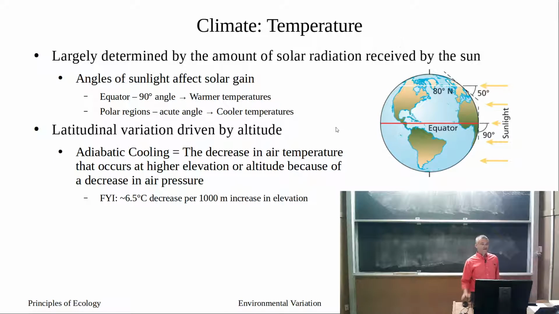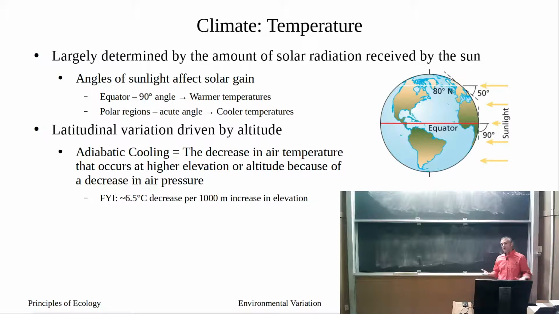Altitude reflects some of this pattern of latitudinal variation. In general, if we increase our latitude, we decrease the temperature. The same pattern arises with altitude: if we increase our altitude, we decrease our temperature. Why? It's a different process. As we go up a mountain, we get more solar radiation, which runs contrary to the idea that more solar radiation means higher temperatures.